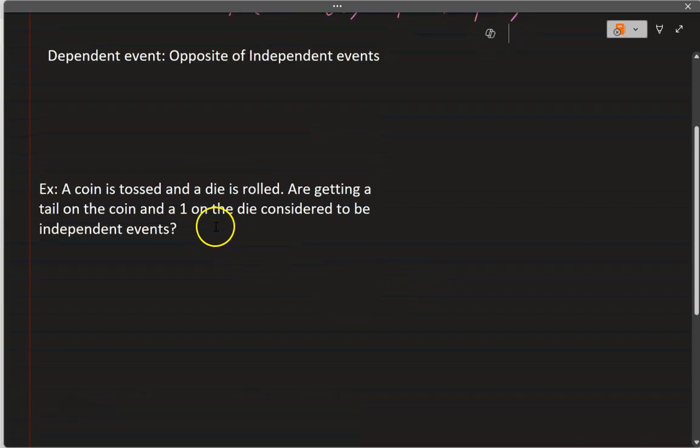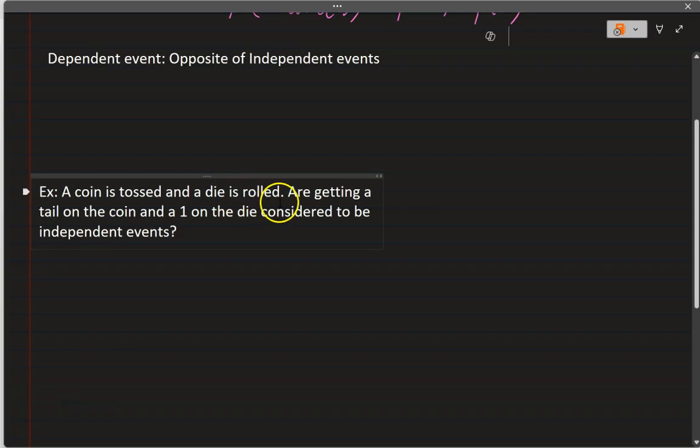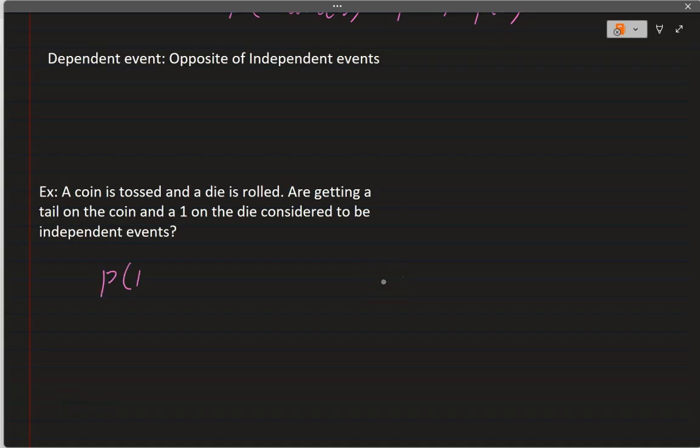So we have a coin that is tossed and a die that is rolled. Are getting a tail on the coin and a 1 on the die considered to be independent events? Well, think about that. I'm tossing a coin, I'm going to get a tail or a head, right? So the probability of getting a tail is 1 over 2.